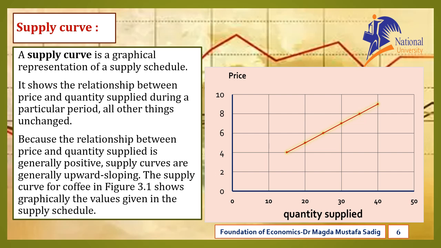Therefore, as a conclusion, the supply curve shows how much producers are willing to sell at different prices. It's generally upward sloping. The higher the price, the greater the quantity supplied, because it becomes more profitable.